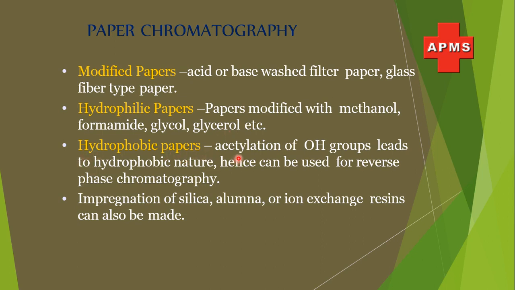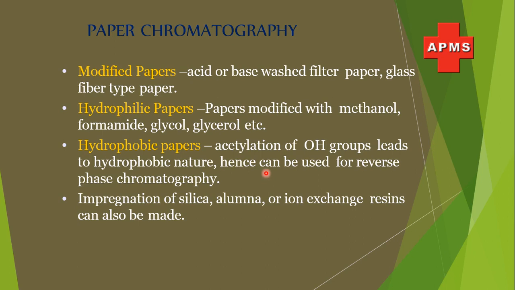Then hydrophobic papers, acetylation of OH groups leads to hydrophobic nature, hence can be used for reverse phase chromatography. If the paper is hydrophilic, then we can say it is normal phase chromatography where the stationary phase is polar and mobile phase is non-polar. But if we do acetylation of hydroxyl groups which are already present on these filter papers, then this filter paper becomes somewhat hydrophobic in nature.